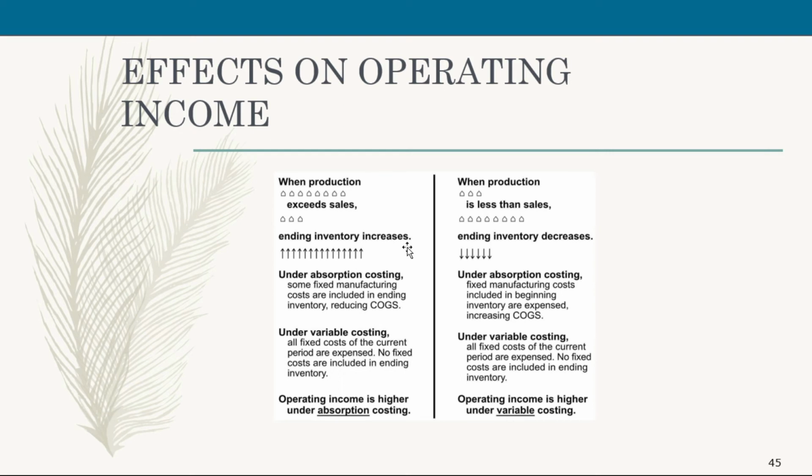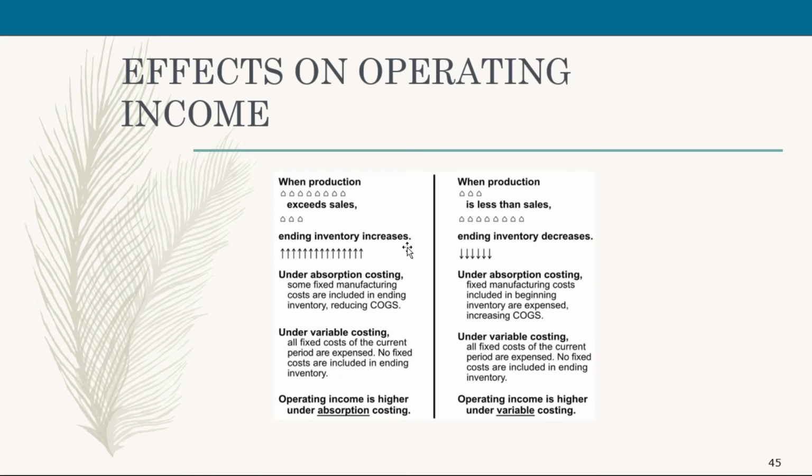Hence your ending inventory will increase. And under this scenario, under absorption costing, some fixed manufacturing costs are included in ending inventory, reducing your cost of goods sold. If you have an overstatement in ending inventory, your cost of goods sold will be understated or reduced.